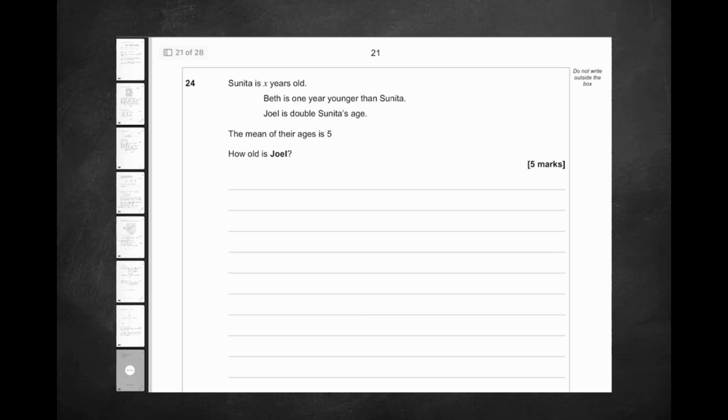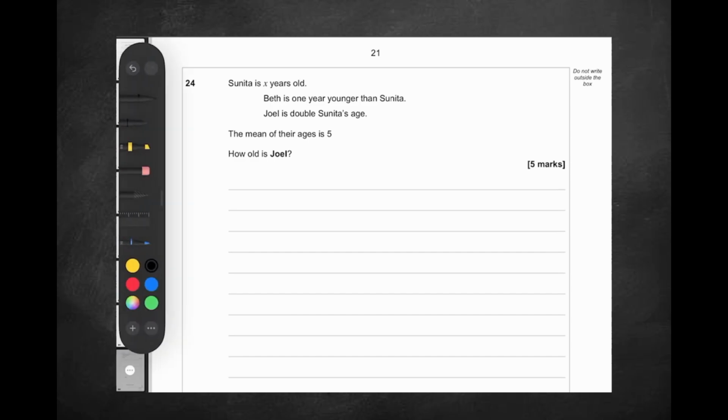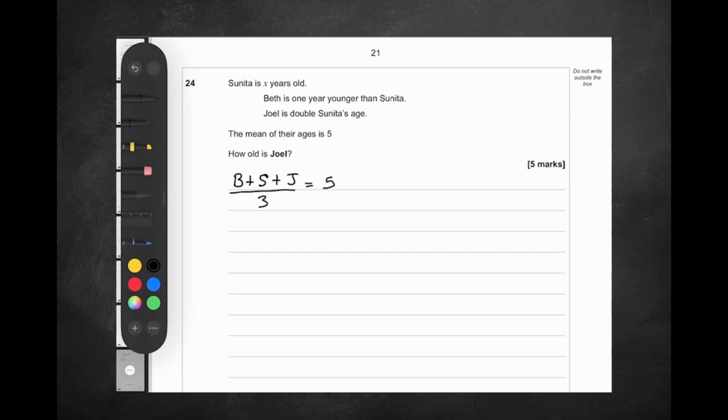Question 24. Sunita is x years old. Beth is 1 year younger than Sunita. Joel is double Sunita's age. The mean of their ages is 5. How old is Joel? So, we're going to say Beth plus Sunita plus Joel divided by 3 equals 5.